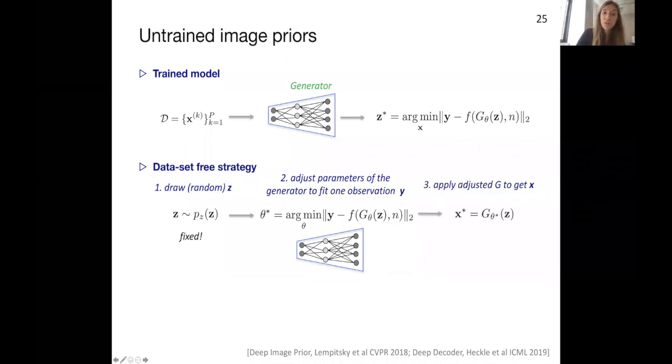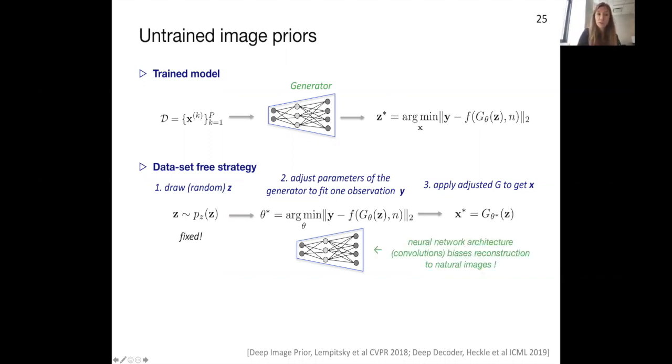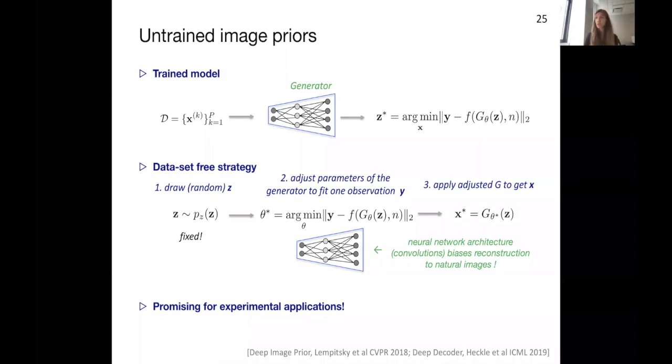The reconstructed image is then just the transformation of the fixed random latent representation by this neural network that has been adjusted just to the one observation. The intuition is that this works because neural network architectures, and in particular convolutions, bias the reconstruction towards natural images. This looks very promising because you don't even need access to a training set to make the reconstruction.